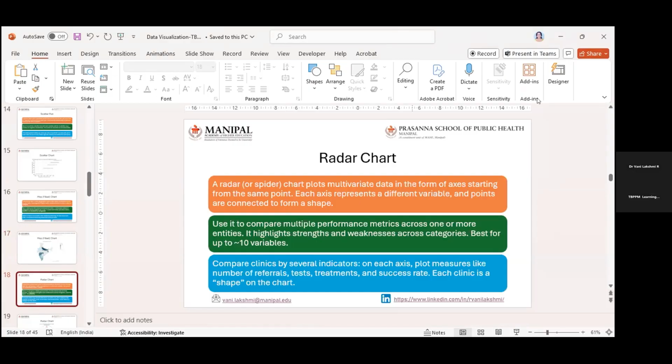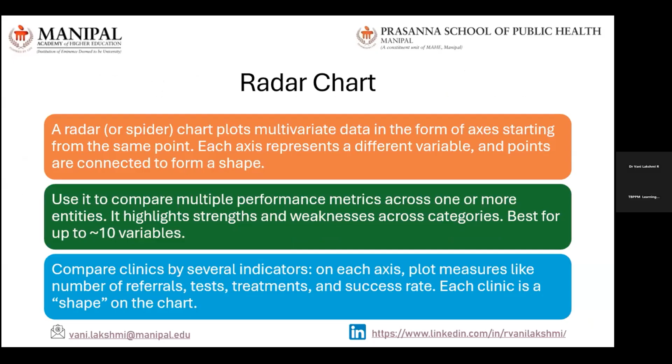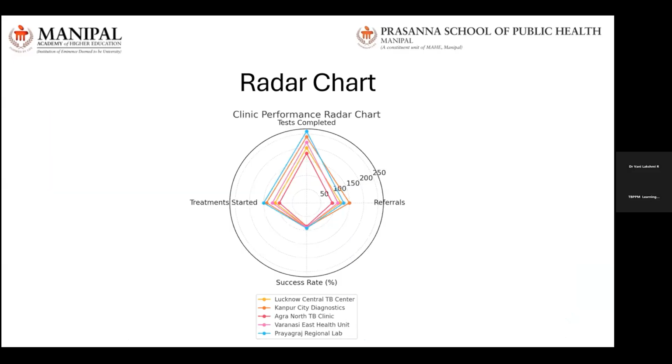I'll go ahead with the explanation to begin with, and then I'll come back with how to do it in the format for the kind of data that we deal with. So you see this chart. Here we have 3 variables: tests completed, referrals, and treatment started across 5 centers.